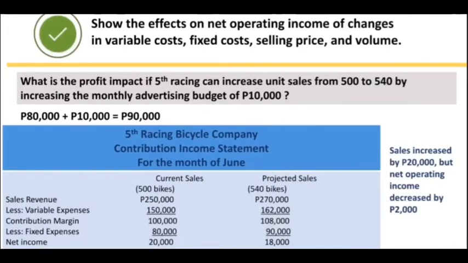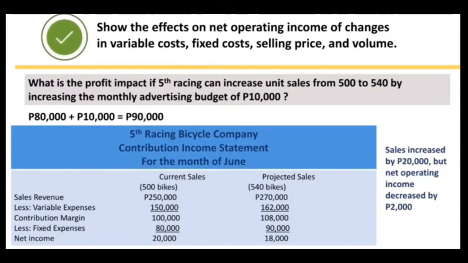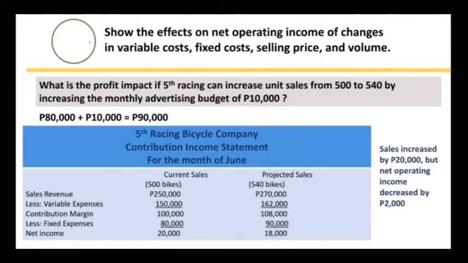So, we can see here the format of an income statement: Fifth Racing Bicycle Company contribution income statement for the month of June. In the first column, we have sales revenue less variable expenses, contribution margin less fixed expenses, and net income.